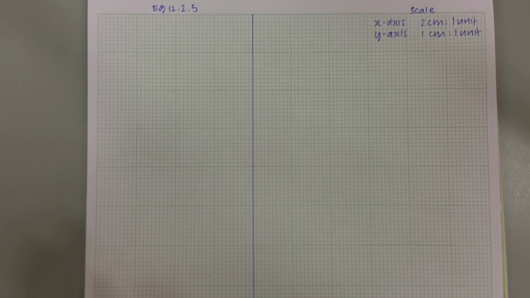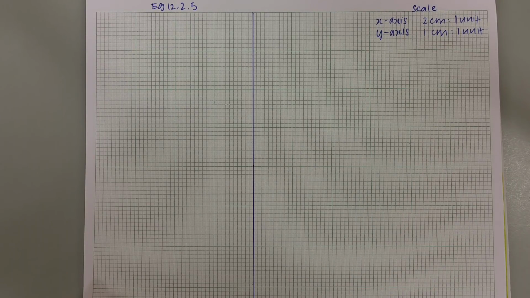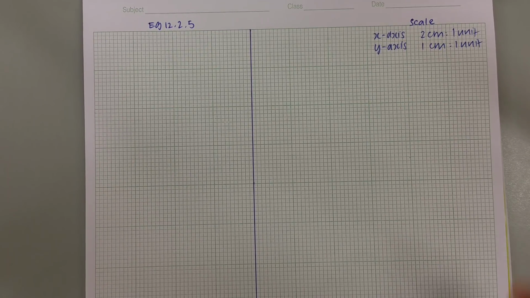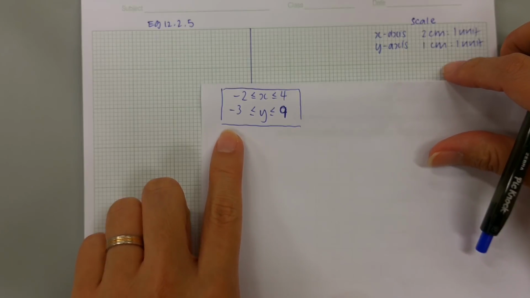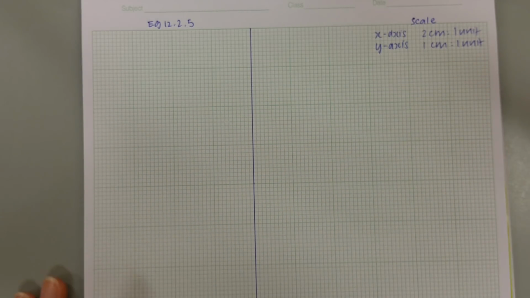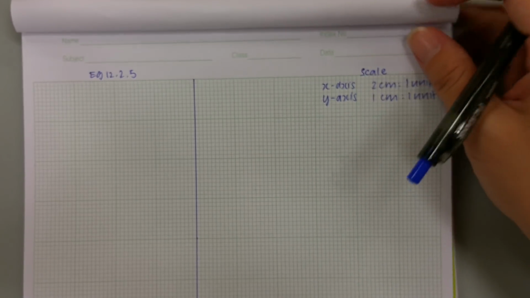Now the next step I need to do is to find out what's my 0 for my y-axis. Because of the inequality that says the smallest value of y is -3 and the biggest is 9, I will just randomly put, and take note, the scale is 1 cm to 1 unit.